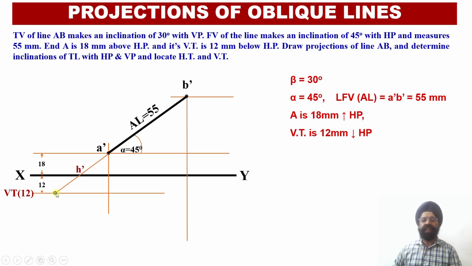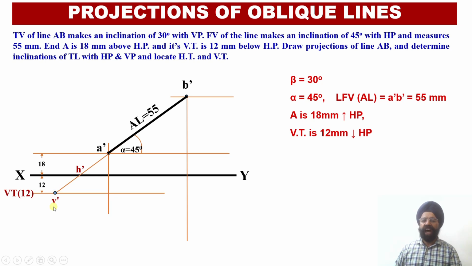So it is this locus line where my point V dash will lie, because from the theory of projections we know that A dash, B dash, H dash and V dash, all these points will lie alongside one projection line. Similarly, A, B, V and H, all these 4 points will lie along the plan projection line.